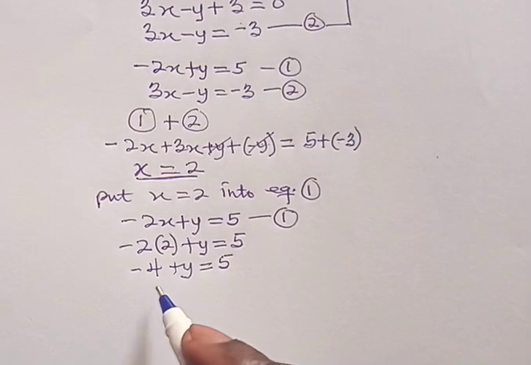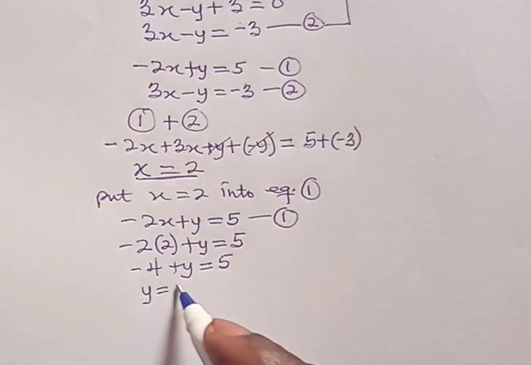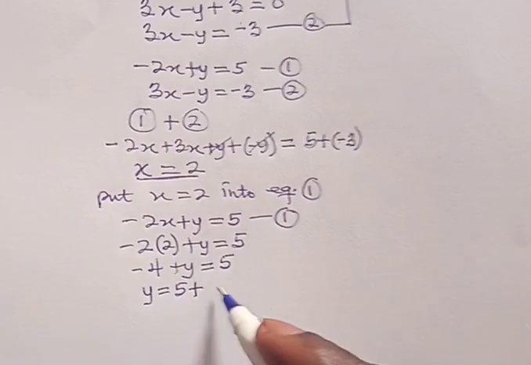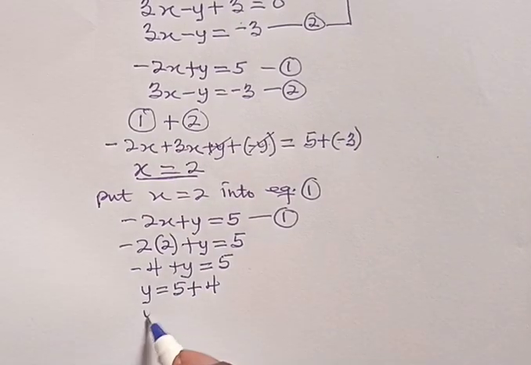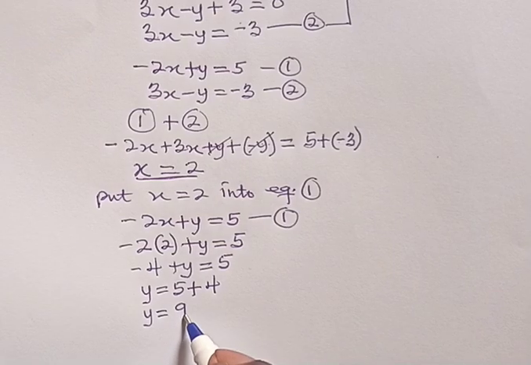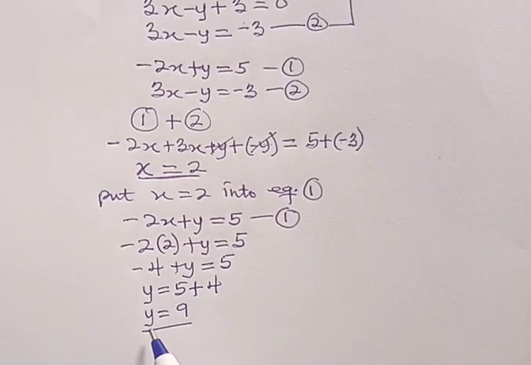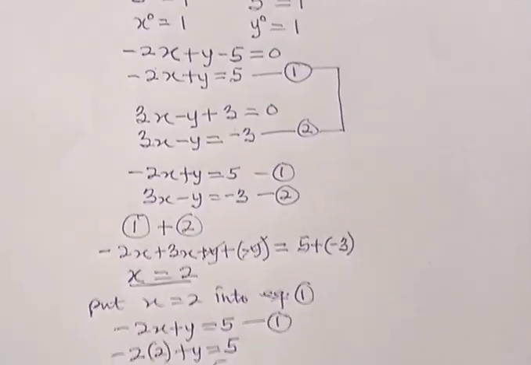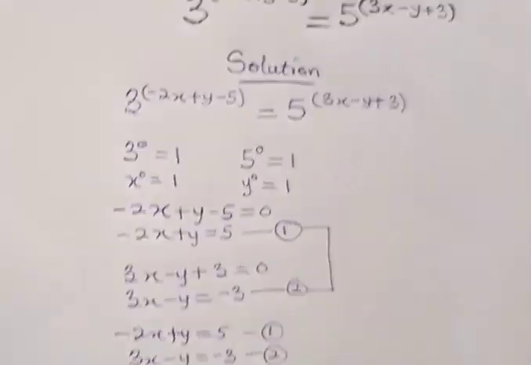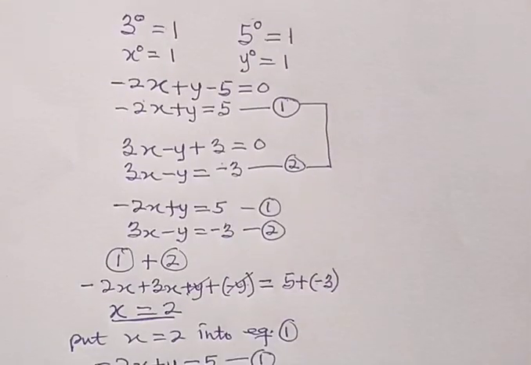So if I group like terms, then I have y is equal to 5 plus 4, which gives me 9. So it means that the value for y is also 9. Since the question demands we find the values of x and y, then our question is solved.